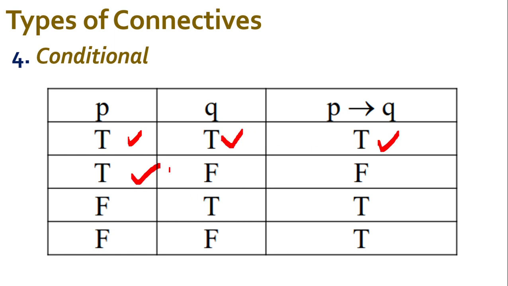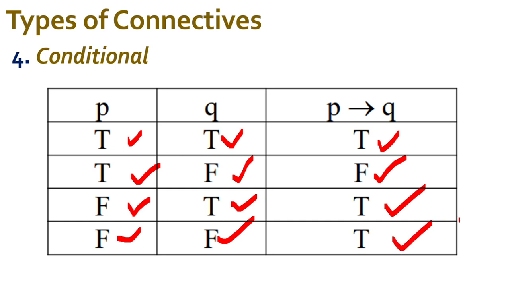Pag true ito, false yung Q natin, false. Pag false ito, true yan, true ang ating P → Q. Pero kung false yan, true pa rin yung P → Q natin. Makikita yung conditional nila.